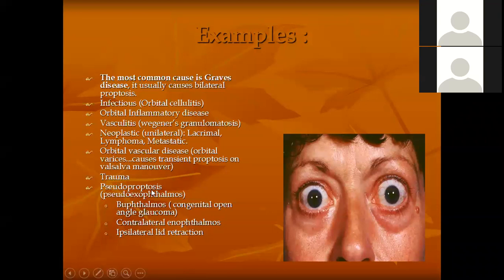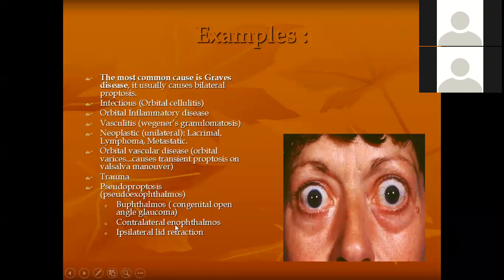Then there is pseudoproptosis. This means it is not actual proptosis, but the condition looks like proptosis. Buphthalmos, congenital glaucoma: the eyeball is enlarged. It's not proptosed, but it looks like it is proptosed. So it's pseudoproptosis. Contralateral enophthalmos means the other eyeball has sunken in.